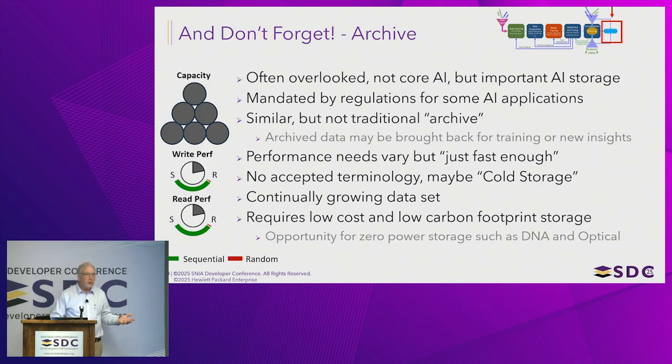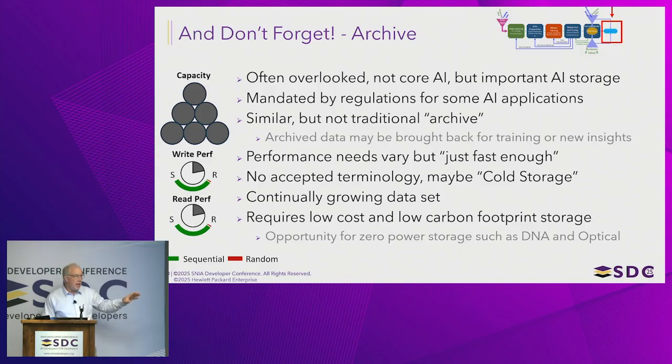I think there's no accepted terminology for this type of archiving yet. We'll get to come up with a term for it. As engineers, we'll probably give it some really cryptic term that nobody understands. But I've heard some use of the terminology cold storage. Don't know that that's really gaining traction, but this data set is just growing and growing every day.